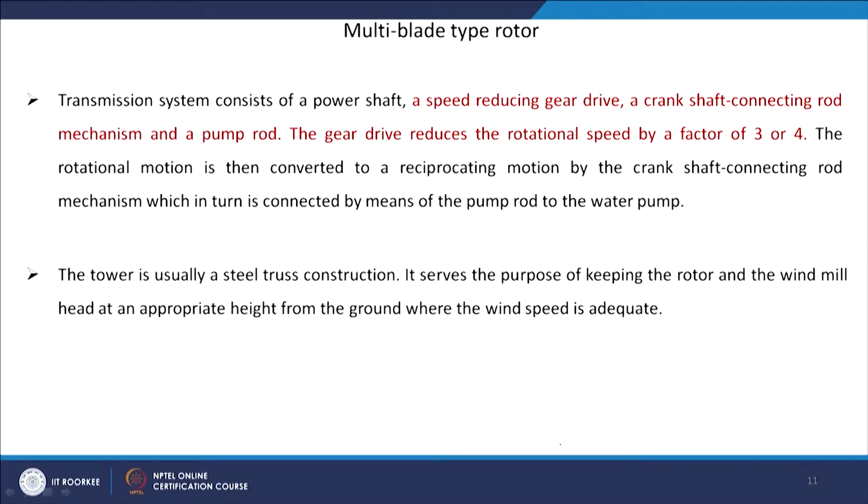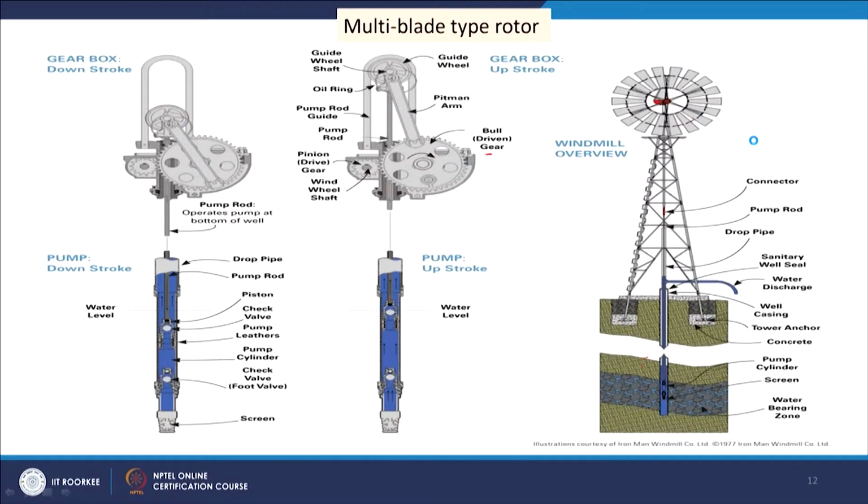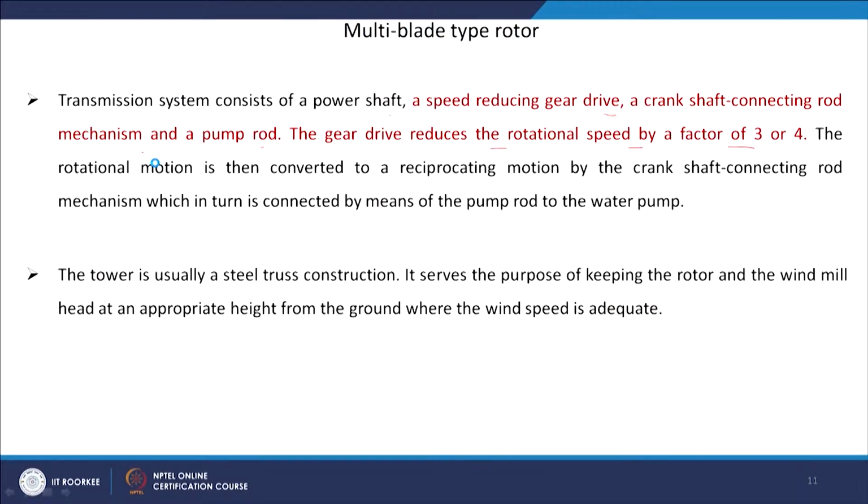As you see, the transmission system consists of a power shaft, a speed reducing gear drive, a crankshaft connecting rod mechanism, and a pump rod. The gear drive reduces the speed by a factor of 3 to 4.